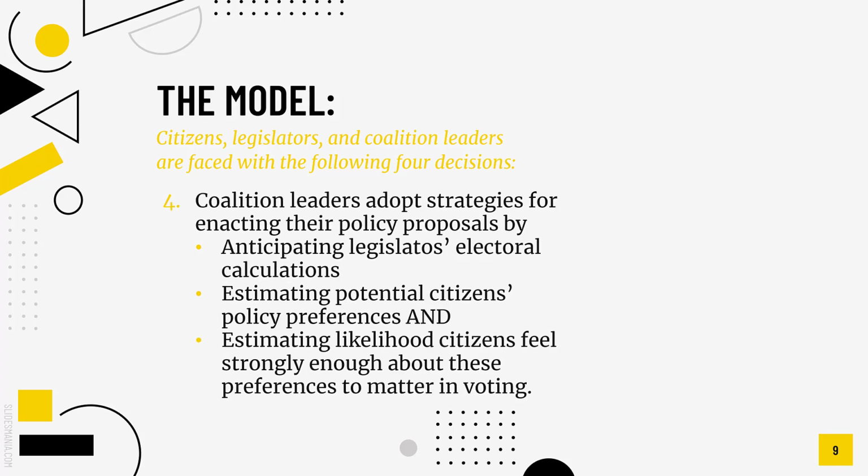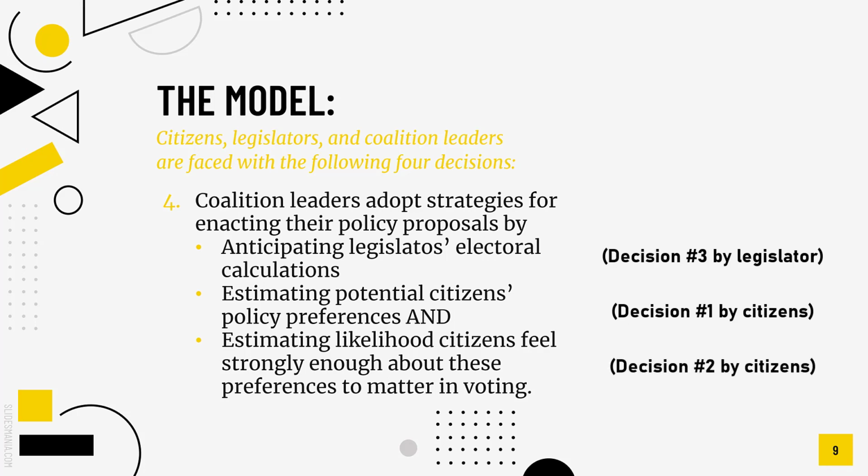And then finally, four, coalition leaders. Now, coalition leaders are adopting strategies for enacting their policy proposals, right? They have agendas, and they're thinking about how to strategically put forth and create these proposals by anticipating legislators' electoral calculations, which in turn requires them to estimate potential citizens' policy preferences and also estimate the likelihood that citizens feel strongly enough about these preferences to matter in voting.